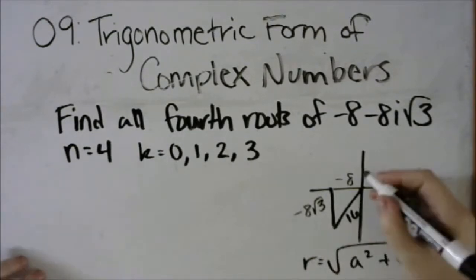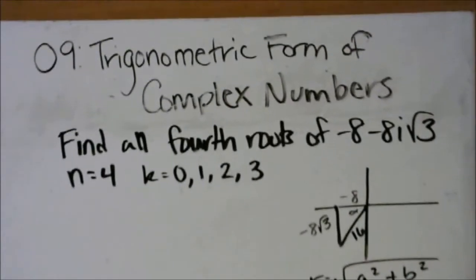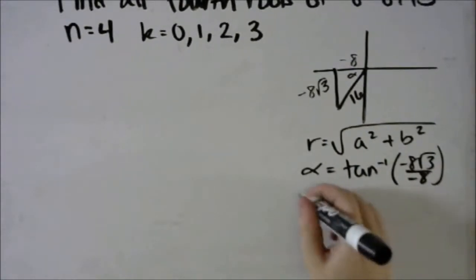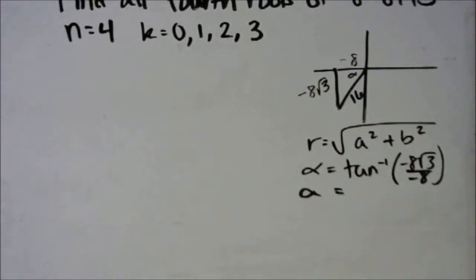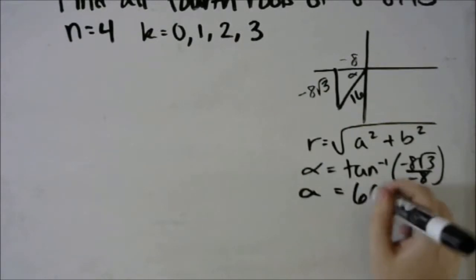Once you've determined that the hypotenuse is 16, you need to find the angle, and we're going to be saying that alpha is equal to the inverse tangent of negative 8 rad 3 over negative 8. This is a unit circle value, so negative rad 3 is on our unit circle, but we've been working in degrees for these last few examples, so feel free to evaluate this from your calculator to get your solution. And we find that alpha is 60 degrees.